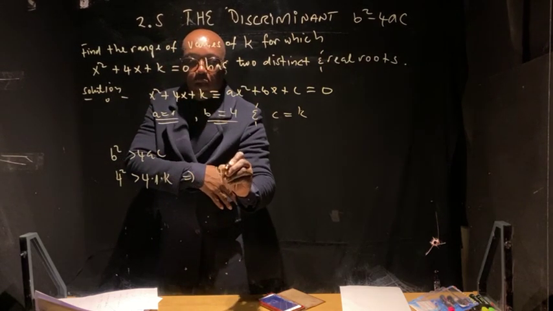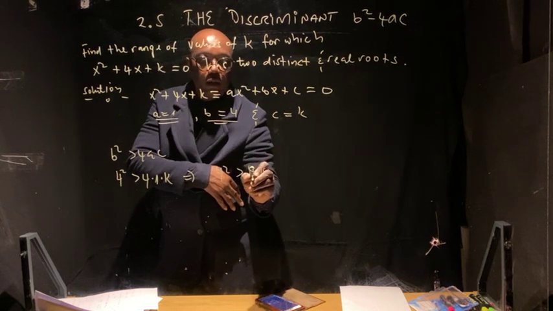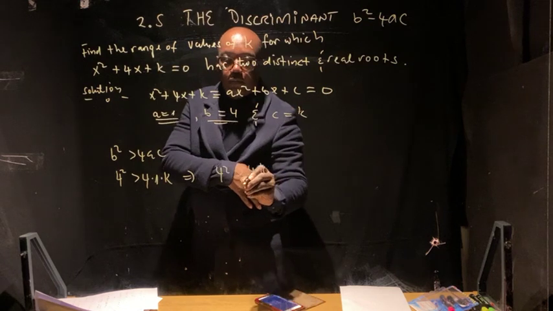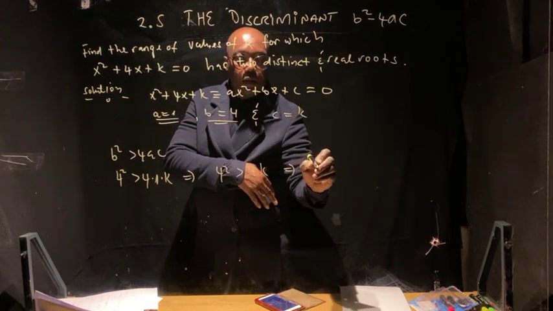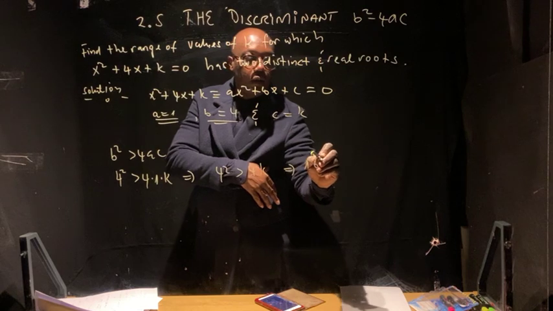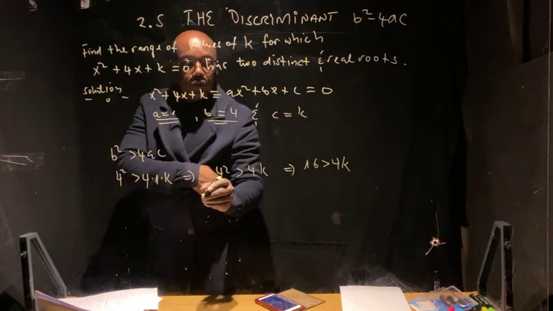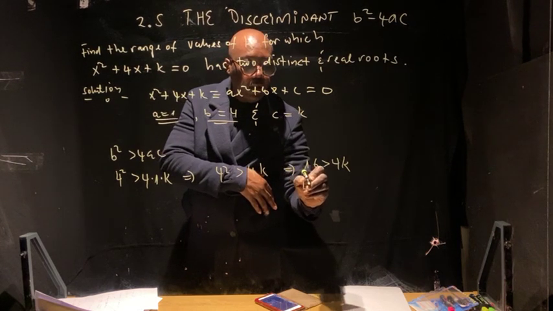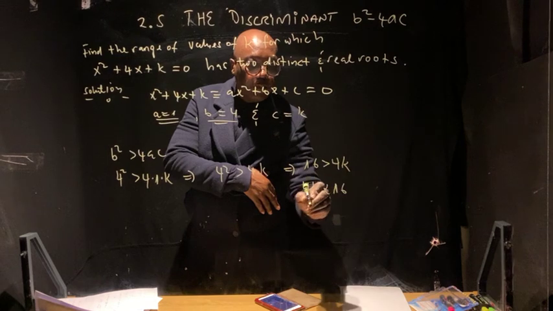Which indicates that 4 squared is greater than 4k, which is no different from 16 is greater than 4k. Or we can say that 4k is less than 16.